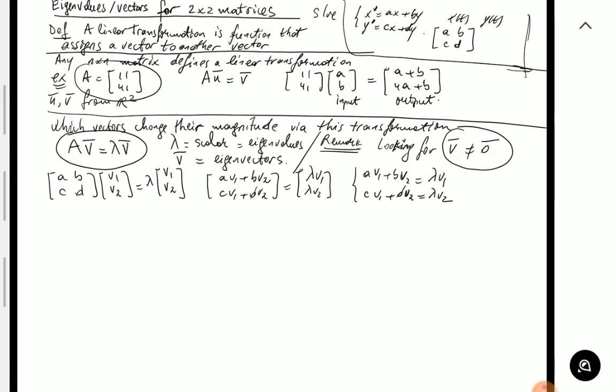All right, and let's simplify this. Let's move everything to the left side, so I can see exactly what the coefficients are of this system in V1 and V2. Notice that I can pull V1 on the left, and the coefficient is A minus lambda. And the same thing on the right hand side, I can pull out V2, and I get D minus lambda times V2. So the system that gives me the eigenvector is a homogeneous linear system in V1 and V2.